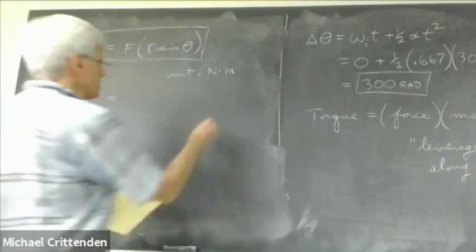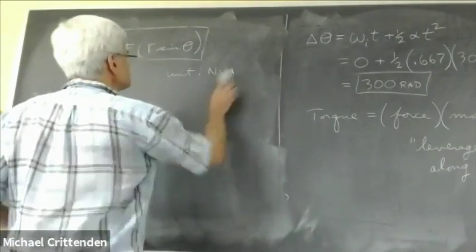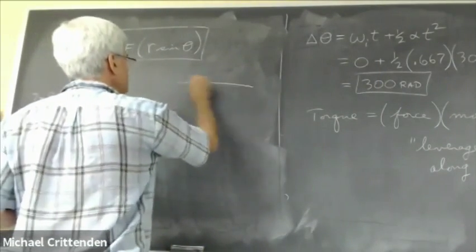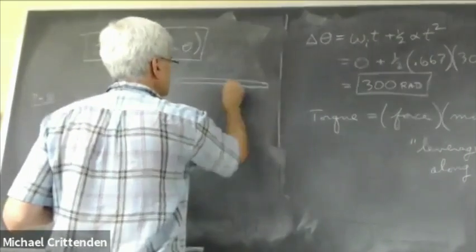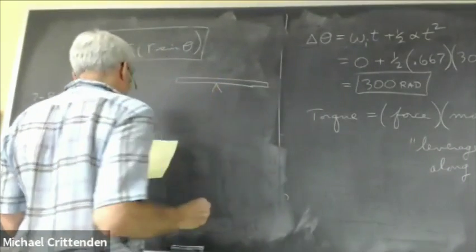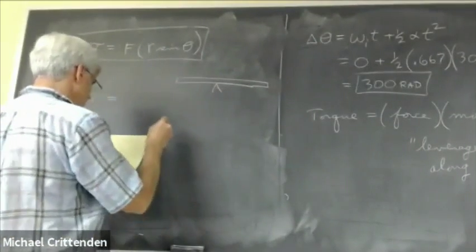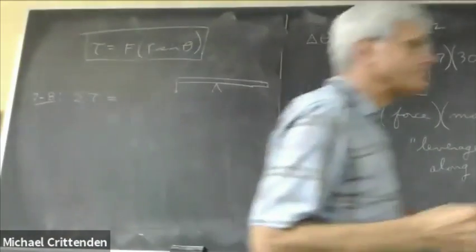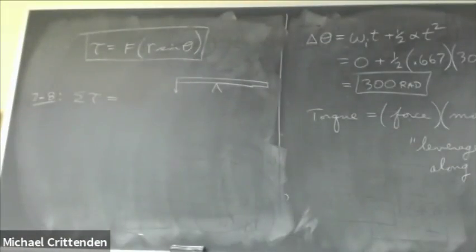Maybe it'd be good if I had a little sketch of a seesaw in the picture at the same time. So we had, let's see, 4, 2, and 4.